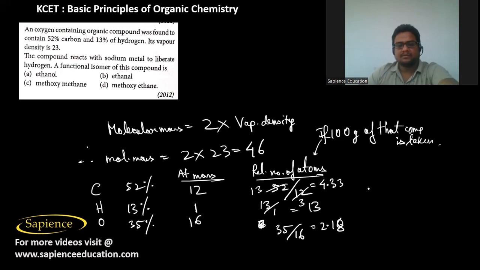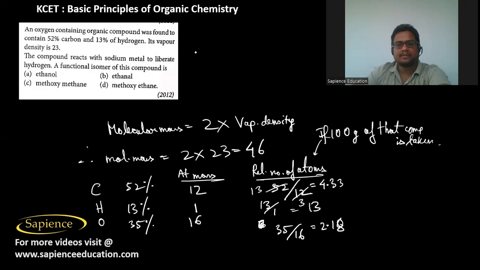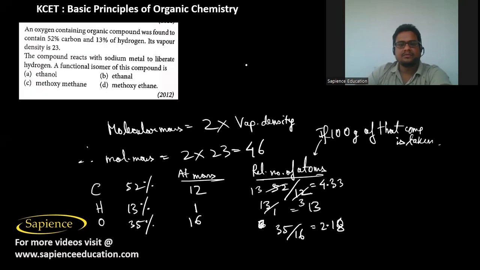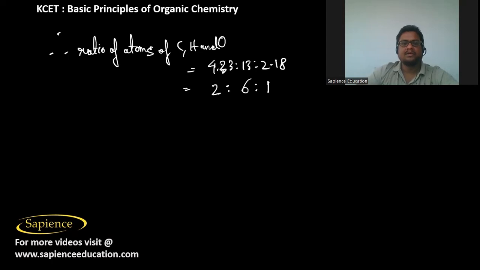Therefore the ratio of the atoms of carbon, hydrogen, and oxygen is 4.33 is to 13 is to 2.18, which will be approximately 2 is to 6 is to 1.